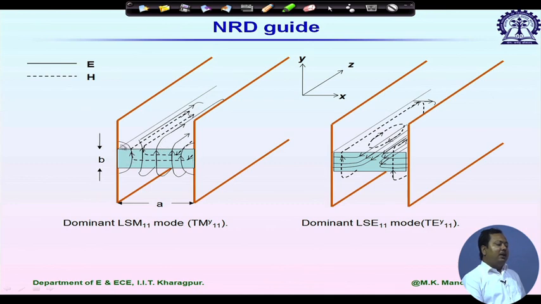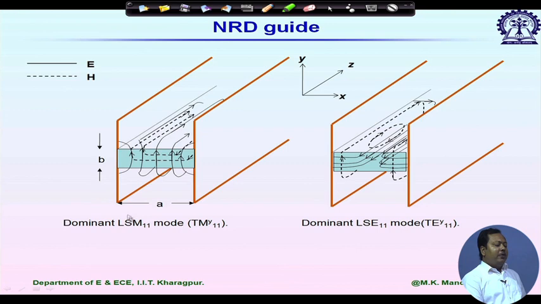And if you look at the electric field components, all three are shown, but in the propagation direction Ez is minimum, so we can simply neglect Ez. Then the dominant electric field components will be Ey and Ex, and they are perpendicular to the propagation direction.